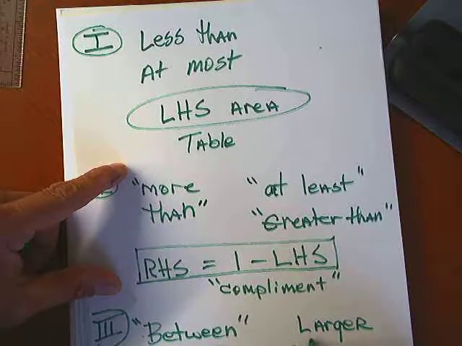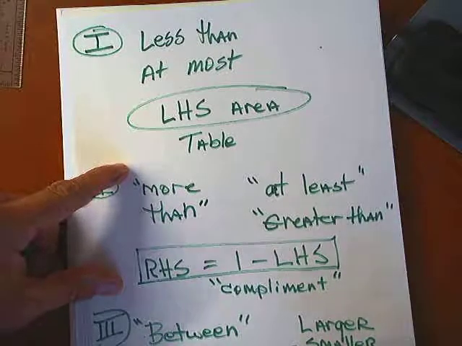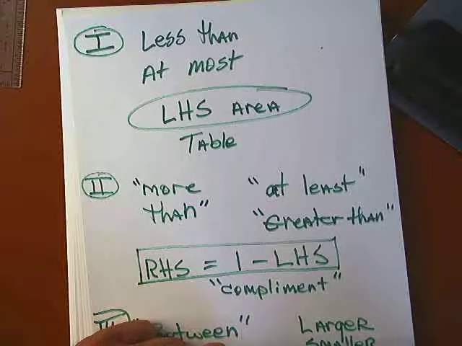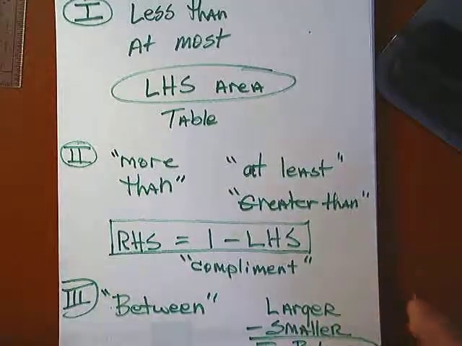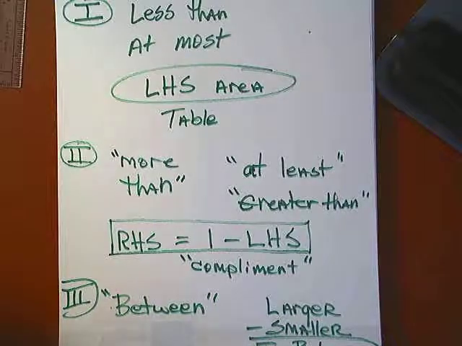If you have any of these, then you know you're going to use the complement. Or you're trying to find the right-hand side. And the right-hand side is equal to 1 minus the left-hand side. And this is basically what we call the complement. So remember that.